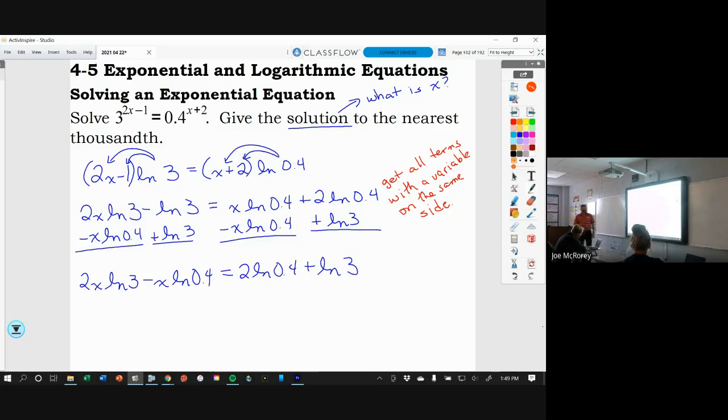I find that many times students are able to complete this step. This is where they get stumped. My goal is, what is x? My goal is to get x by itself.